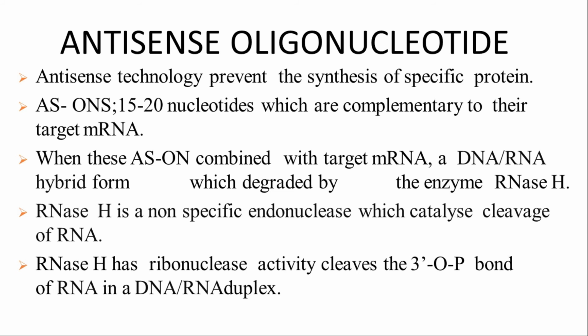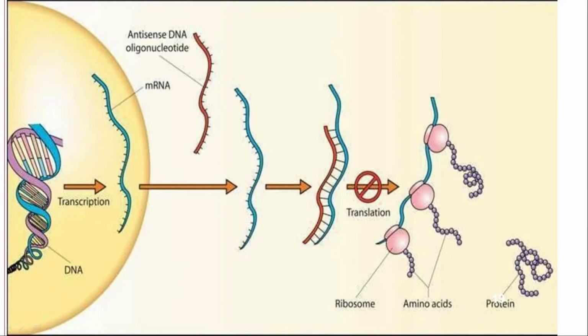It cleaves the 3' O-P bond of RNA in a DNA RNA complex. So the basic line in all this is that RNase H is a non-specific endonuclease which catalyzes cleavage of RNA. That is the fourth line here. This is the overall process.